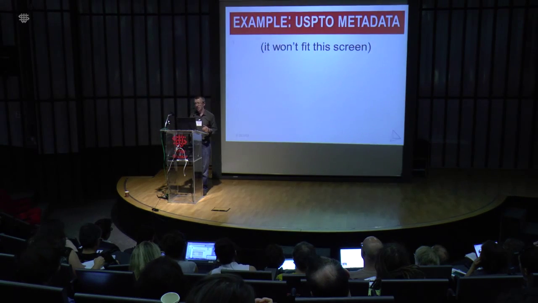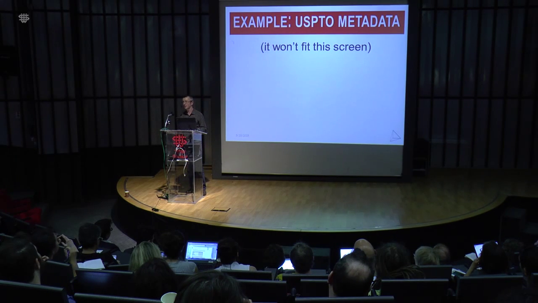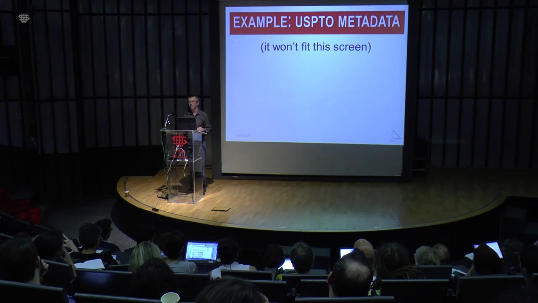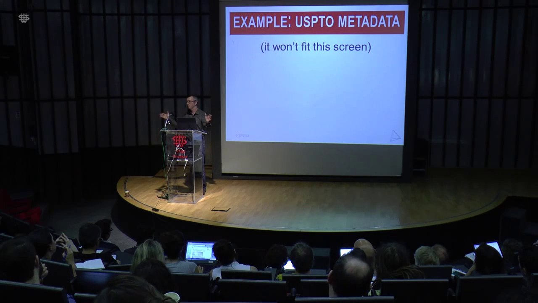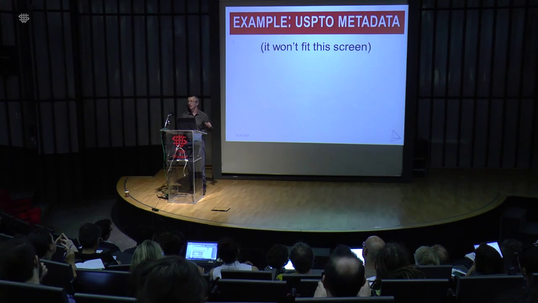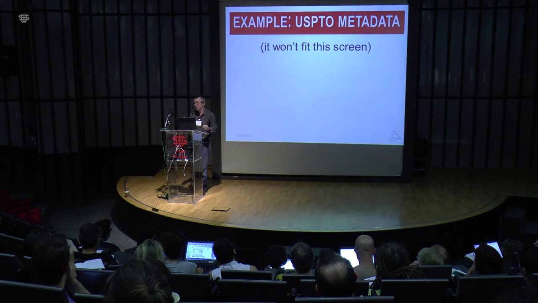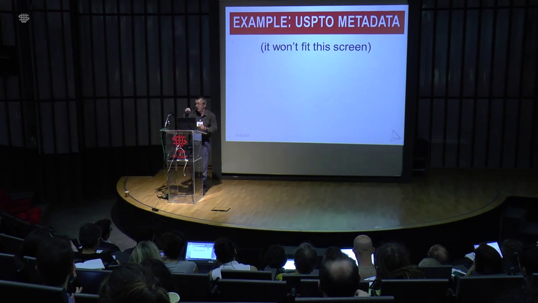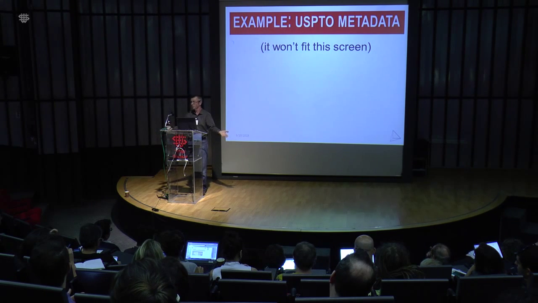My running example today will be patents, the patent world. If I showed you the metadata of a patent, it wouldn't fit this screen and about 100 other screens. People actually classify patents into about 20,000 different categories. It's just not working out.